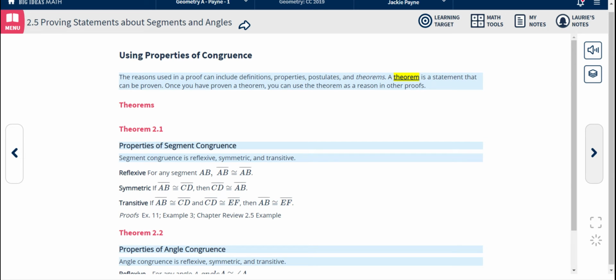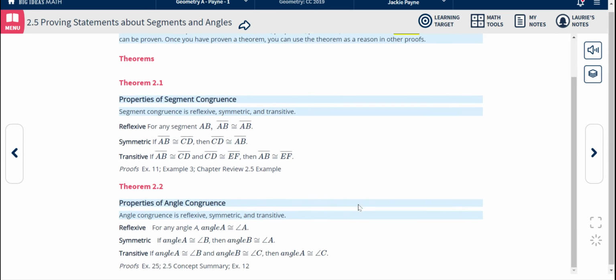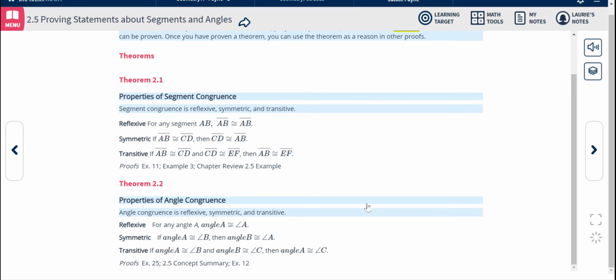So here are properties of segment congruence, and they're called Theorem 2.1. These are almost what we wrote in the notes, but as you can see, we have reflexive, symmetric, and transitive properties, but now they're in a theorem. We also have properties of angle congruence and the same reflexive, symmetric, transitive. So you can now use those in your proofs.